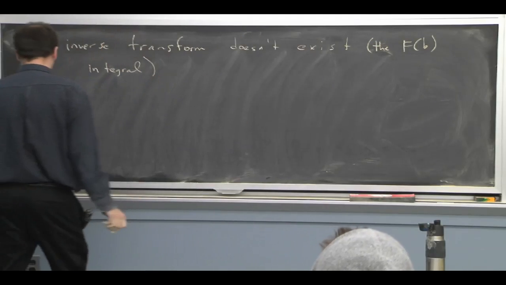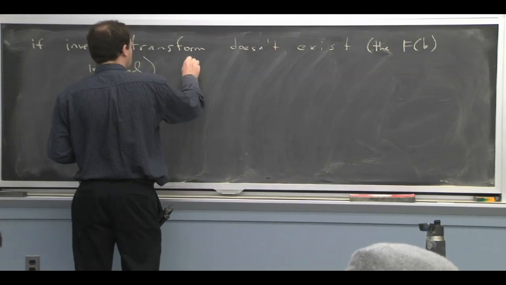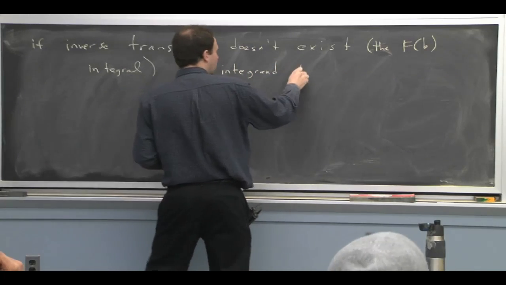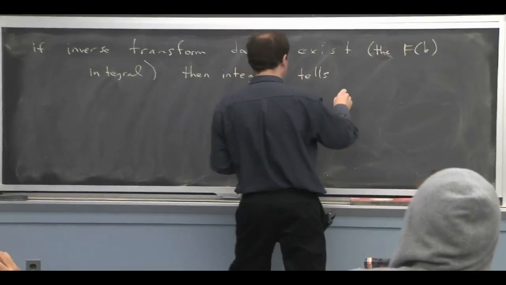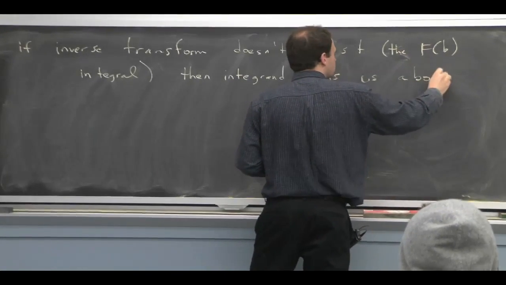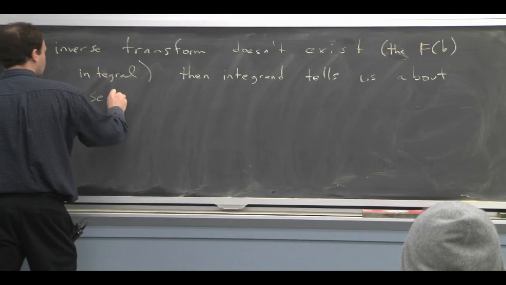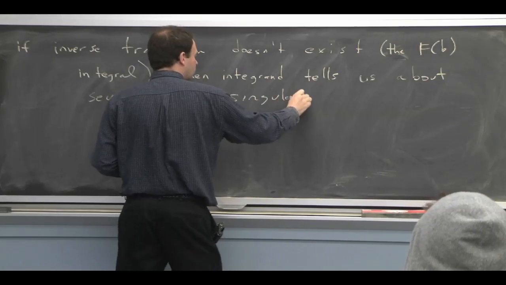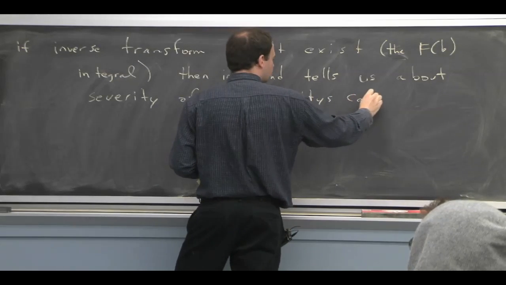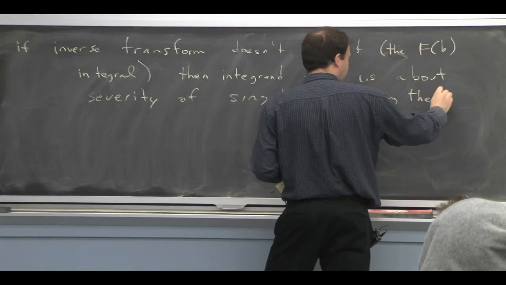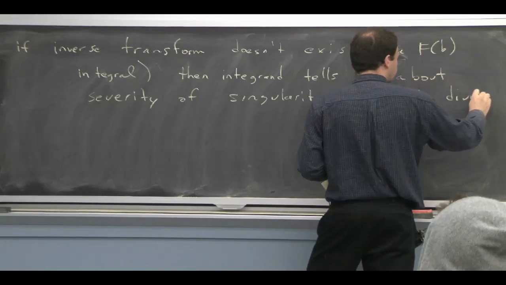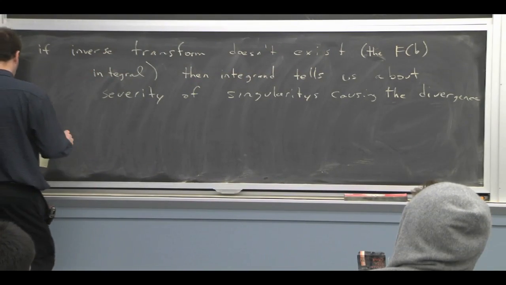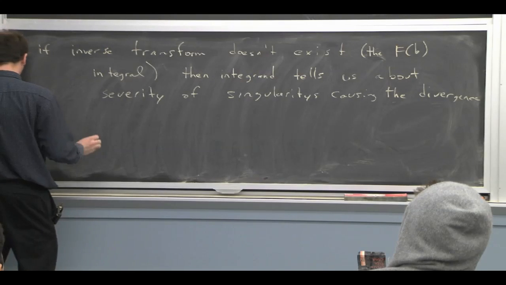So if the integral over the f of b doesn't exist, then the integrand can tell us about the severity of the singularities, i.e. the severity of the divergence. And that's the real power of this Borel method. So let's do another example where I actually think it will diverge.